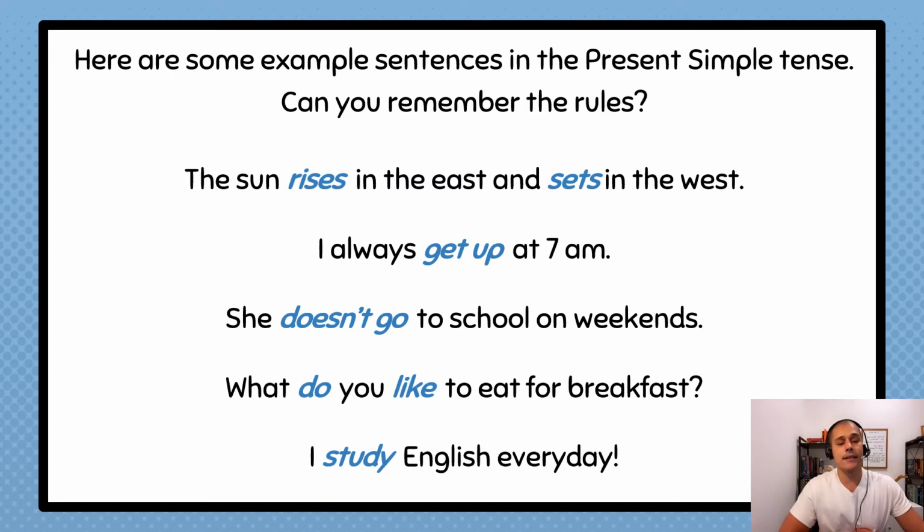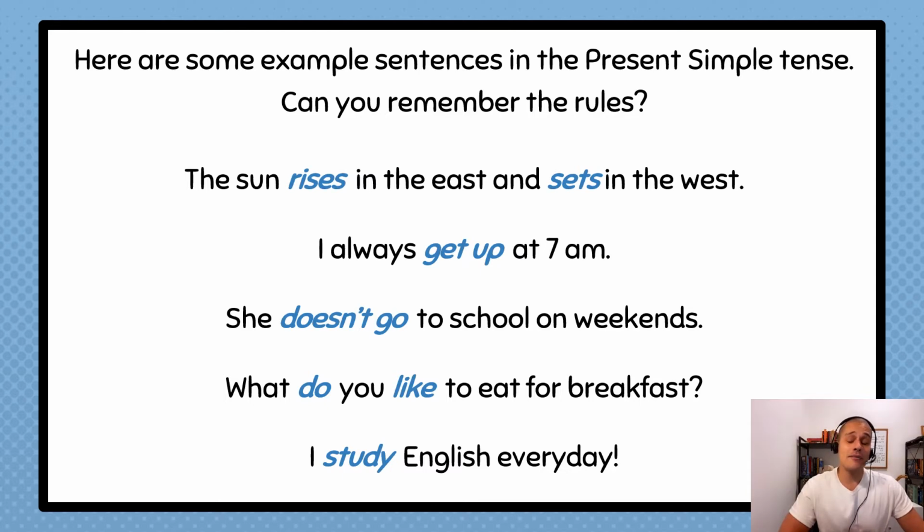Always is an adverb of frequency, and every time we have an adverb of frequency, you can bet that we are talking about the present simple. So number 3, we have she doesn't go to school on weekends. Of course, nobody goes to school on weekends except on Saturdays in the morning to take some tests, right, guys?